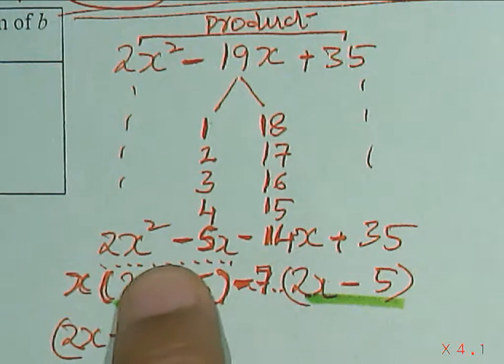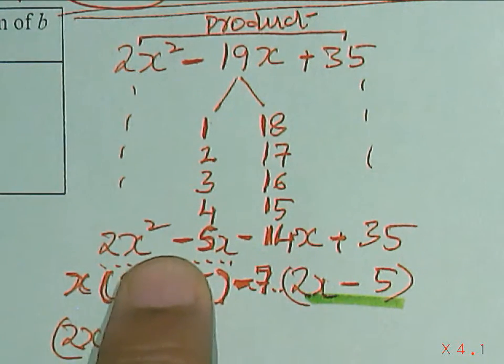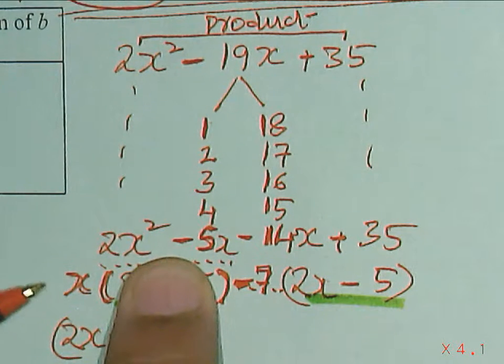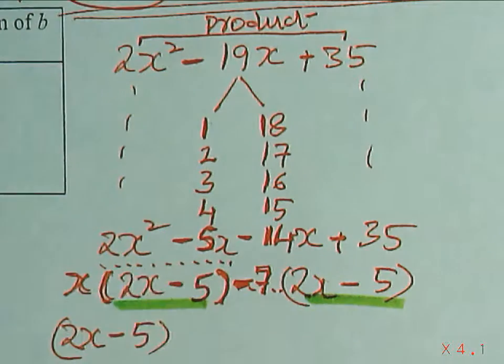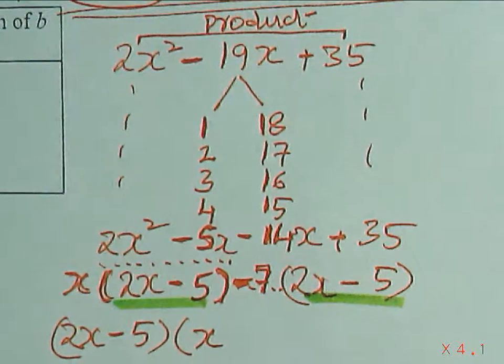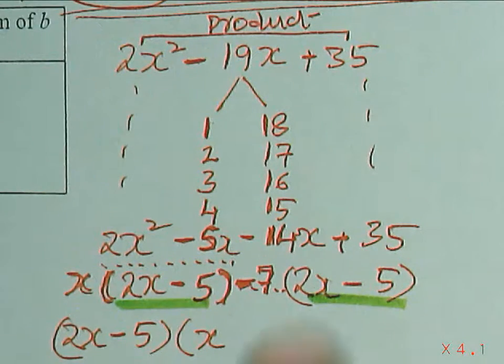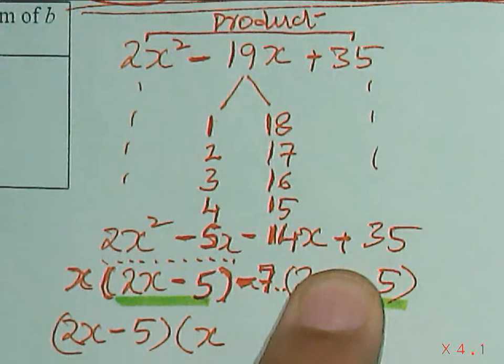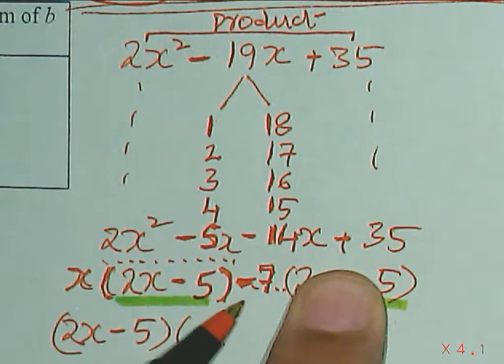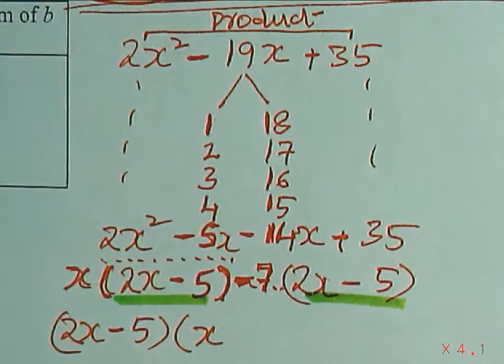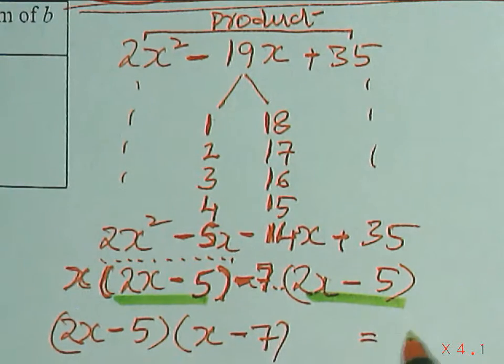If I hide this part, what is left here? X. Then in the other parenthesis, x is copied. If 2x minus 5 is taken, and I'm hiding this one, it's negative 7. Not 7, it is negative 7. So, negative 7 is equal to 0.